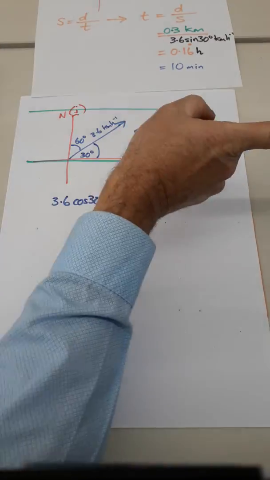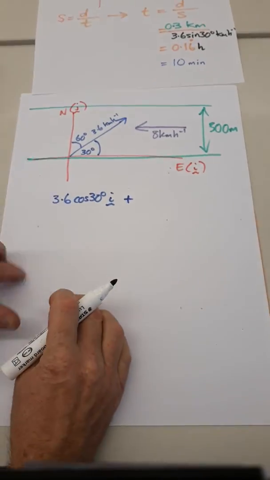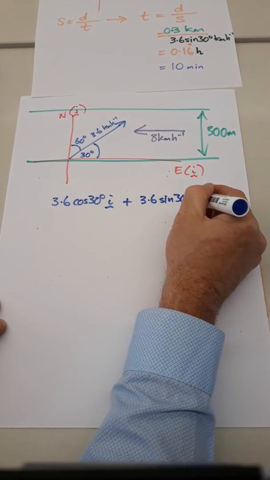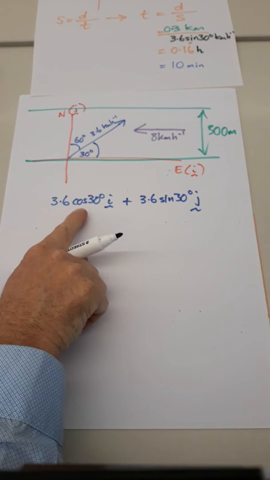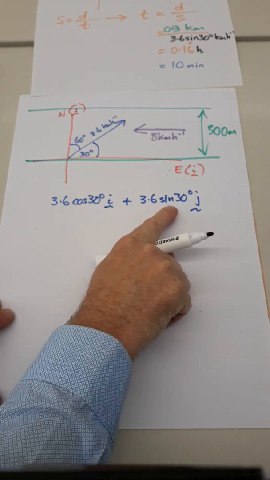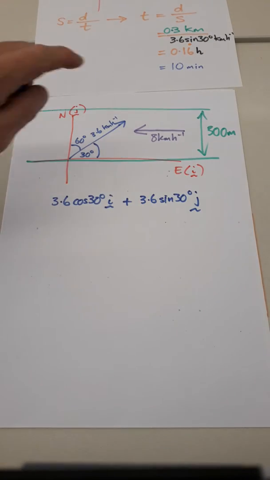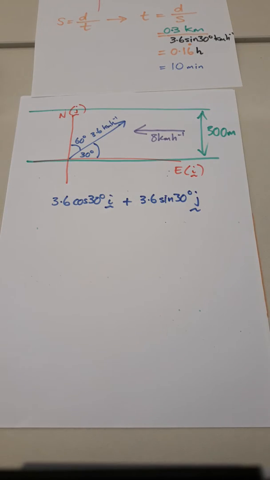That's just pretty normal. So he's swimming at 3.6 cos 30 in that direction, and in that direction he's swimming at 3.6 sine 30 degrees. Now, if you wrote sine 60, cos 60, you'd still get the same thing if you wanted to use that angle, but I'm just used to using the one with respect to the x-axis. So I've written it in component form.